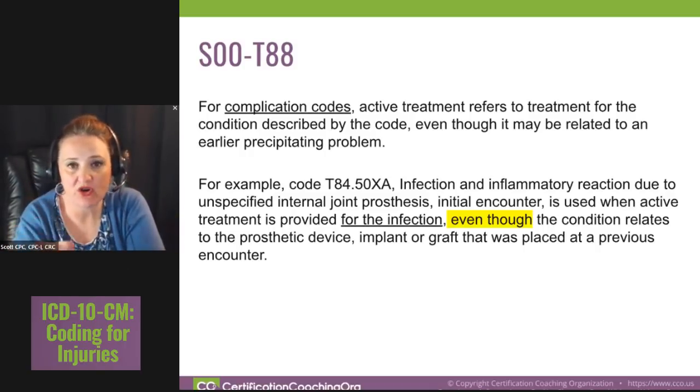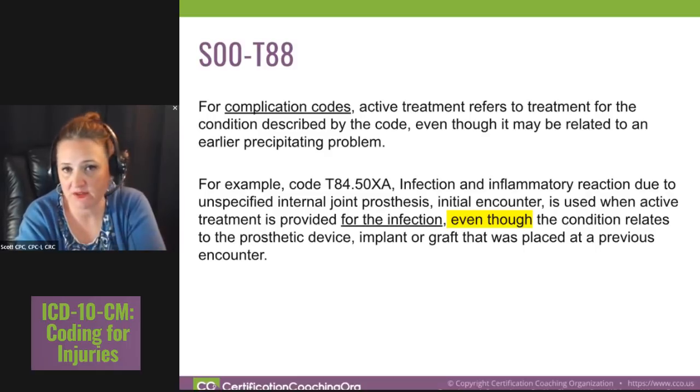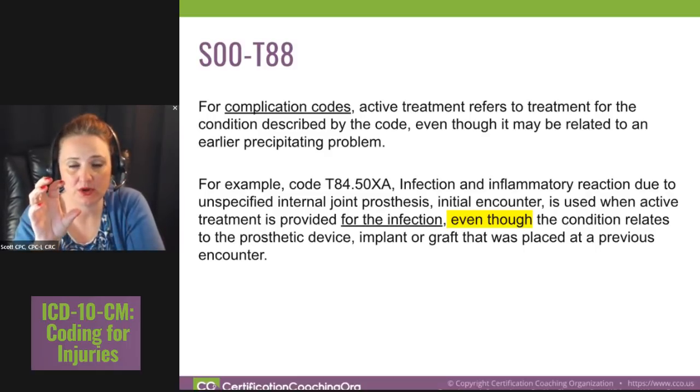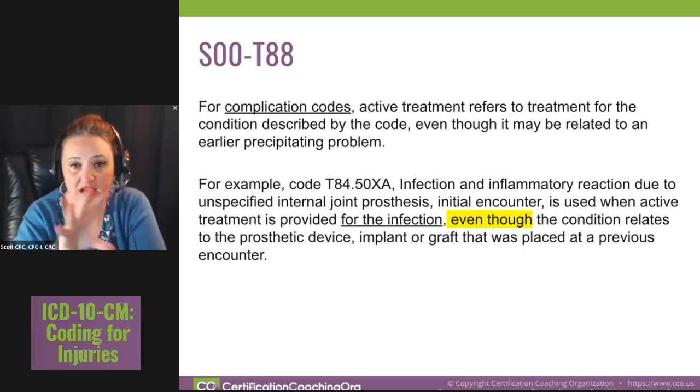Because what's going on? It's the infection that we're following, right? We're not following putting the prosthetic in, no, that was done before. We have a new problem. It's an infection or some type of inflammation, ultimately a new code. So this is an initial encounter. We're starting over with a new problem, and so it's an initial encounter again.